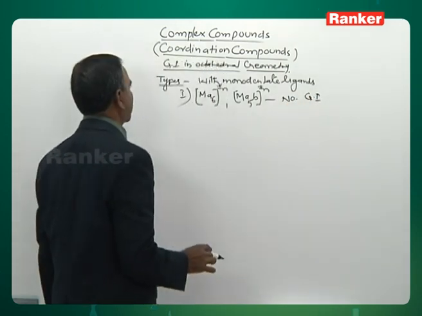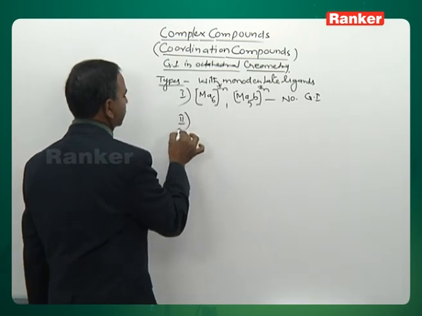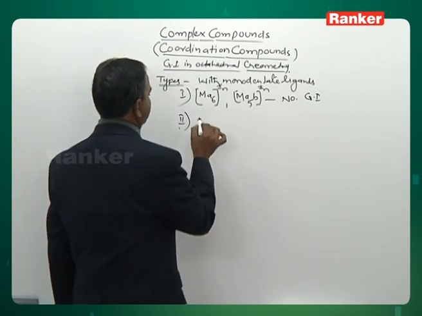Coming to the second one, there should be at least 2 ligands different. So, what are the types you see now?